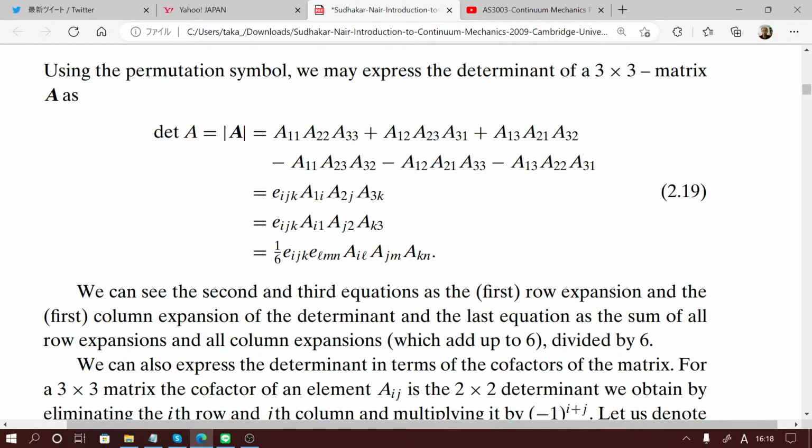We can see the second and third equations as the first row expansion and the first column expansion of the determinant, and the last equation as the sum of all row expansions and all column expansions, which add up to 6 divided by 6.